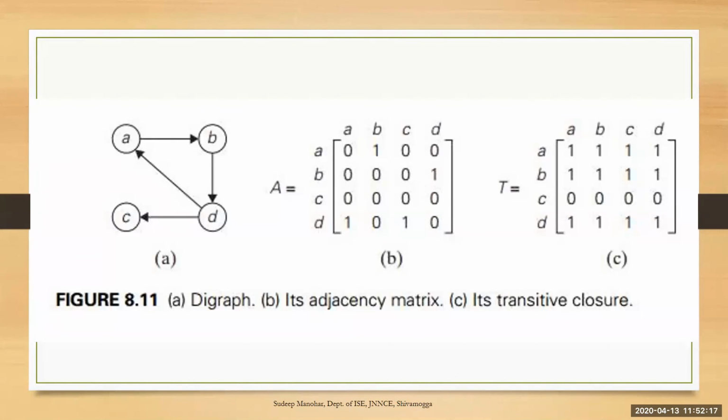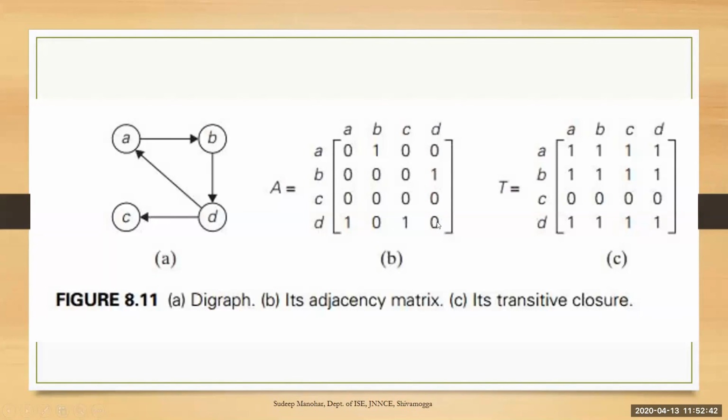Okay. Now what Warshall algorithm does is, it gives a procedure to obtain this transitive closure from a given adjacency matrix. The adjacency matrix is the input, and based on this input, the algorithm will generate this transitive closure. And for this, there is no need to look at the paths in the graph.